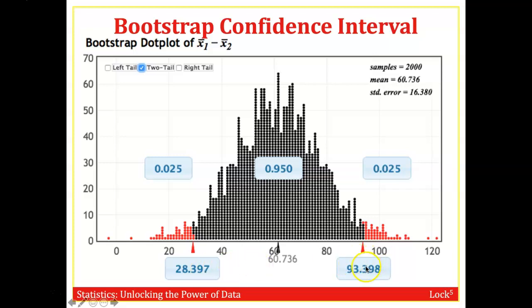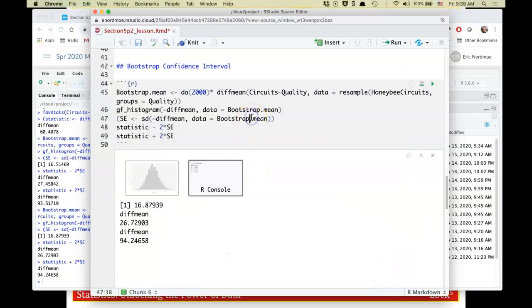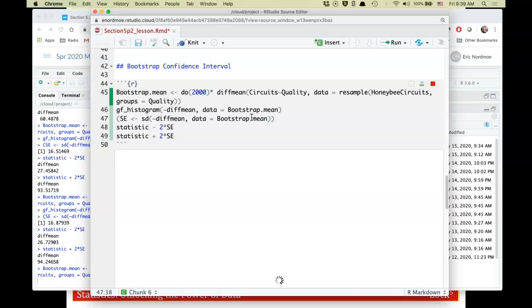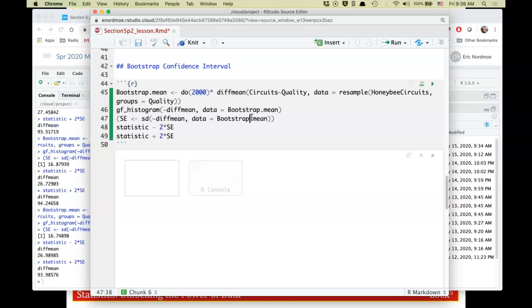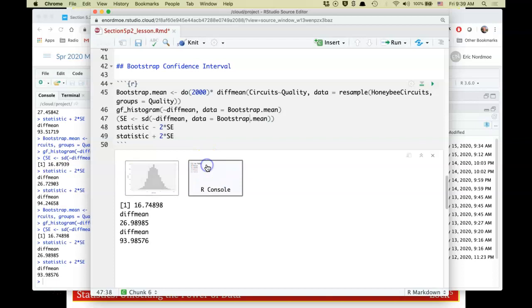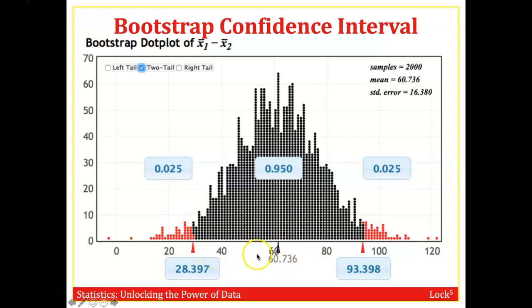You might be bothered by the little bit of difference, but if you run that another time and wait for the 2000, you'll see that there is some instability in this, right? This time I got 27 to 94 roughly, so it lines up pretty well here, and these are in fact equivalent.